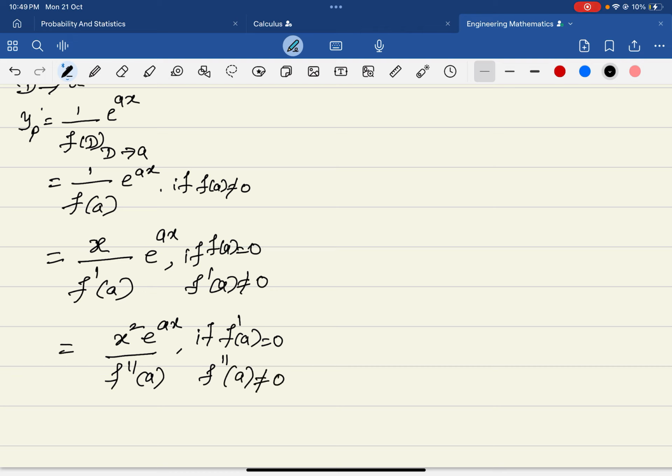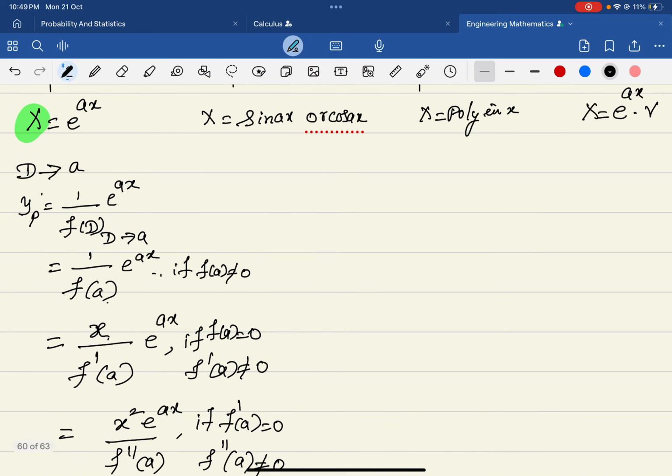So try to understand: whenever f of a is not equal to 0, then directly substitute. If that happens to be 0, then multiply by x and differentiate. If that also happens to be 0, then multiply by x again and differentiate twice. That gives you your particular integral.